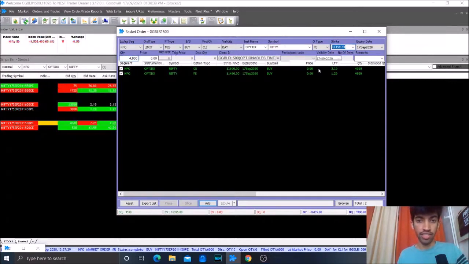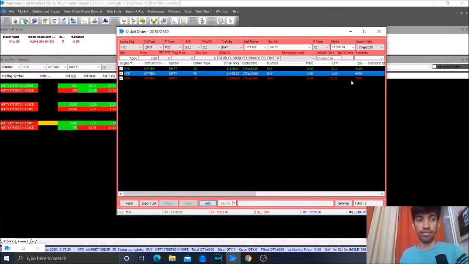And we'll be going ahead with another CE, so this will be shorting, MIS sell. 11,550 CE is what we will be shorting. Okay, this is 7,500.